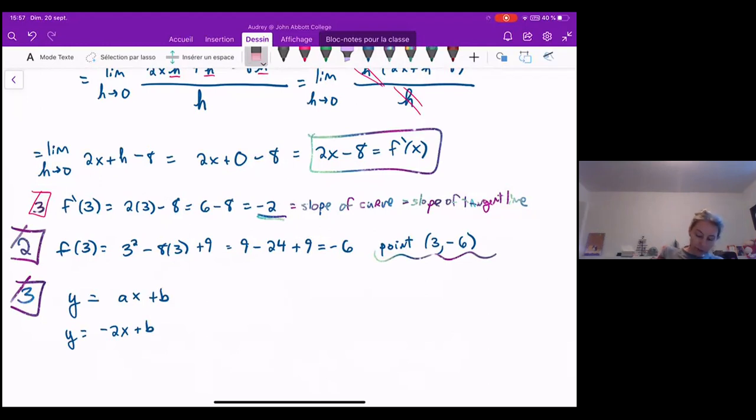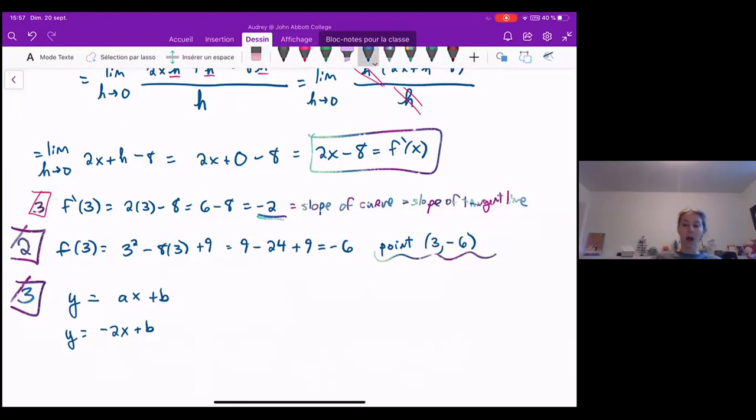My x value is 3. So I get negative 6 is equal to negative 6 plus b. B is equal to negative 6 plus, sorry, plus 6, which gives me a 0. So in this case, the equation of the tangent line is just y is equal to negative 2x.